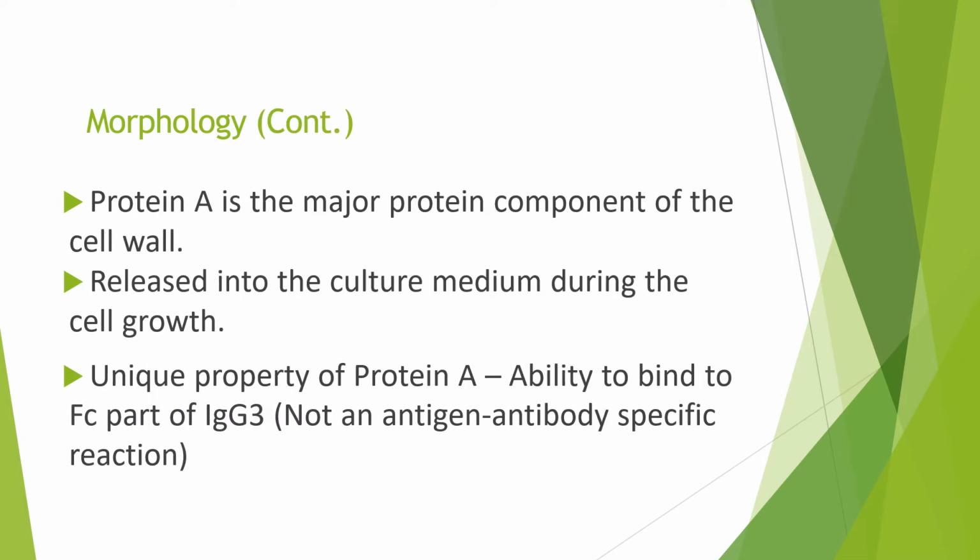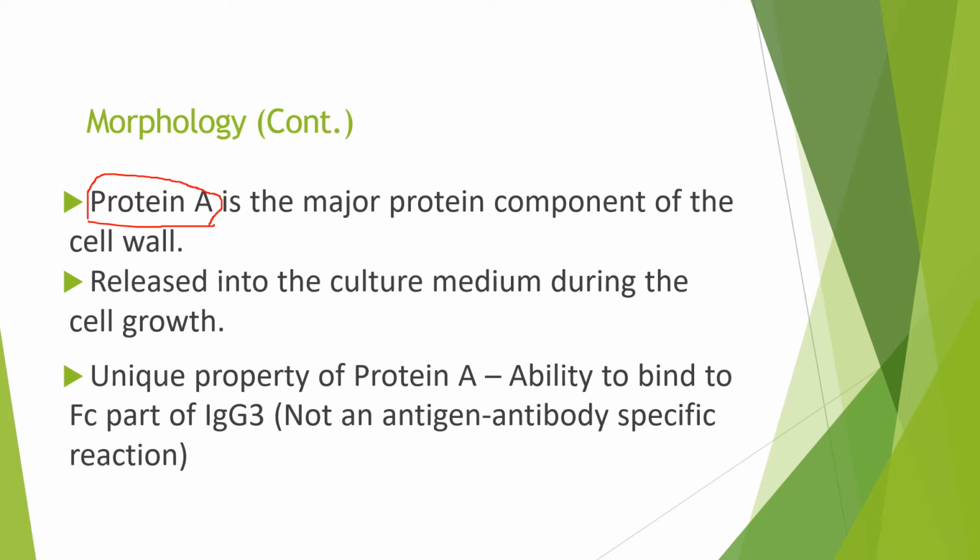Continuing the morphology, as you can see, staphylococci contain protein A, a major protein component of the cell wall. This protein A is seen in the cell wall of staphylococci, and it is very important in escaping opsonization.